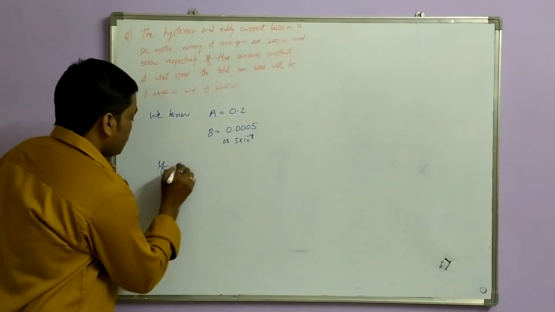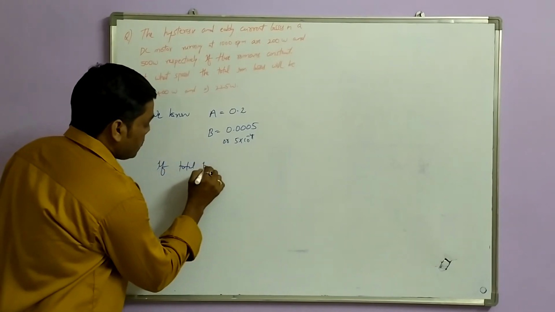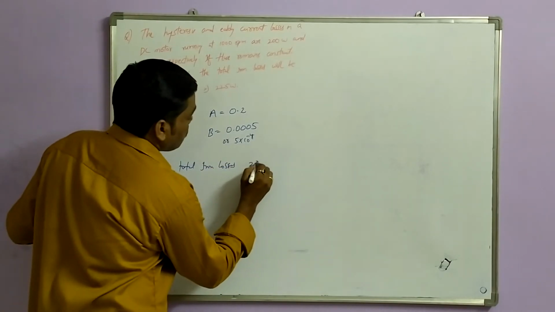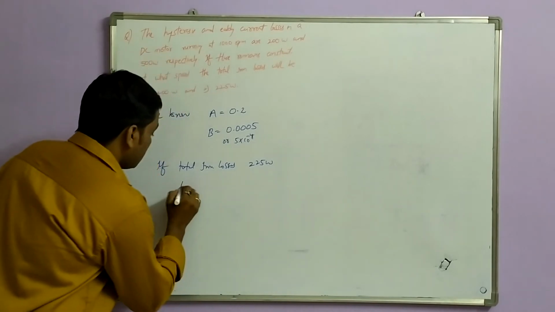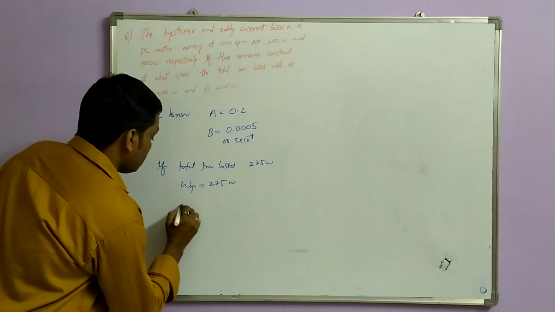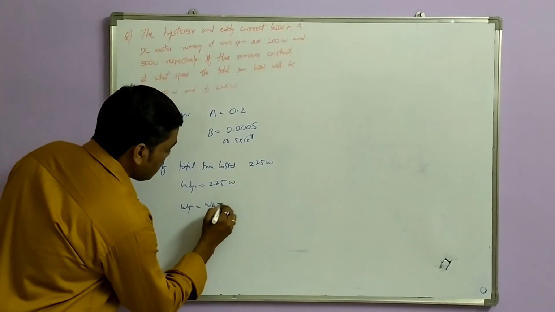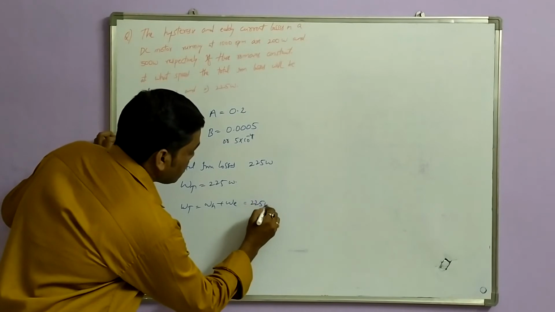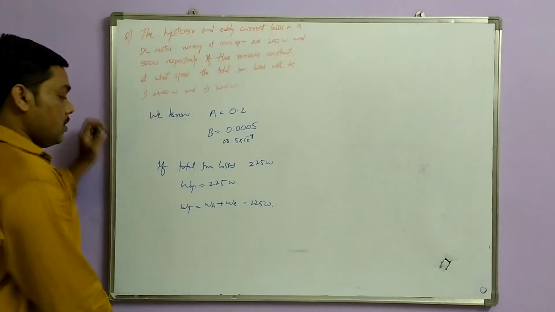Now the total iron losses are 225 watts, so Wt is equal to 225 watts. But we know Wt is equal to Wh plus We, which is equal to 225 watts.